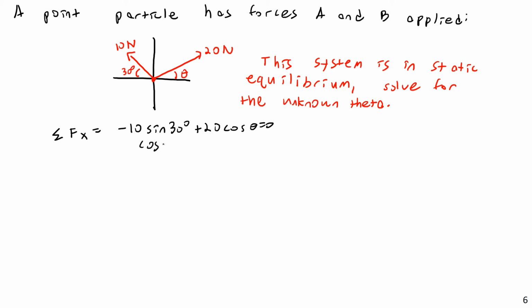So cosine theta is equal to 10 cosine 30 divided by 20, or cosine 30 divided by 2, or just 0.25. And so theta is equal to the inverse cosine of 0.25, and that comes to 75.52 degrees.